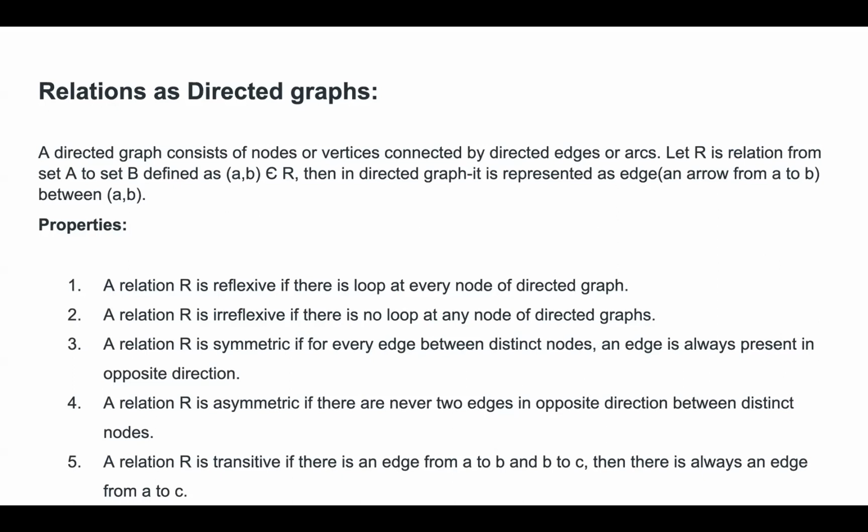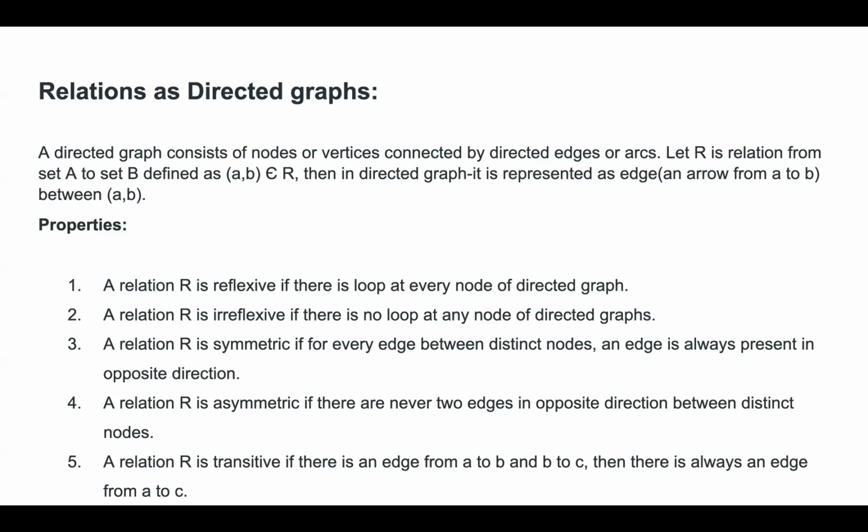what we will see is relations as directed graphs. Relations can be represented with the help of matrices, they can also be represented with the help of directed graphs. Now, a directed graph consists of nodes or vertices connected by directed edges or arcs. Okay.